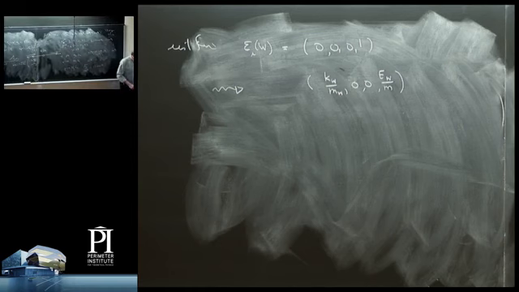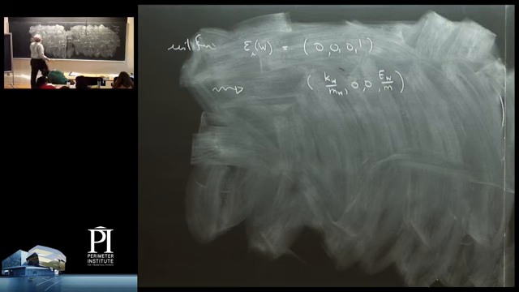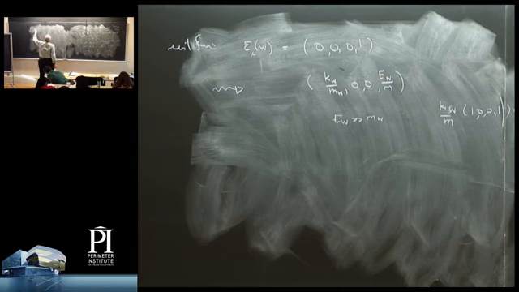Now, however, there's one more thing which is trickier. There's a third possibility, because the W is massive, which is that the epsilon of the W could have helicity 0.